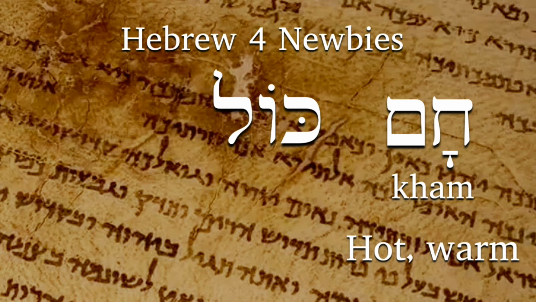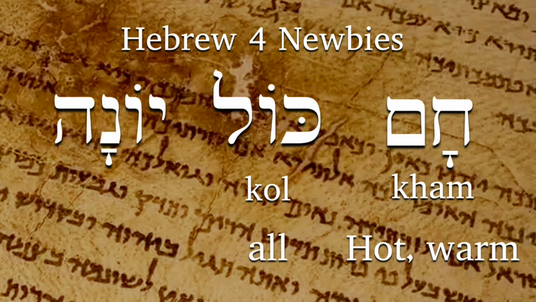That's O and L. So kol, like kol levavcha, with what? All your heart. That's the word kol. And let's see. This was the smallest letter, Yod, a Y sound. O and Yonah. Yonah. That's the word for a dove, or Jonah as we see it.